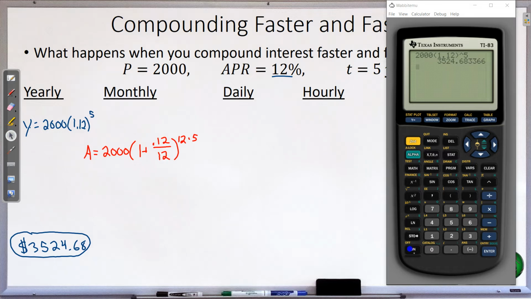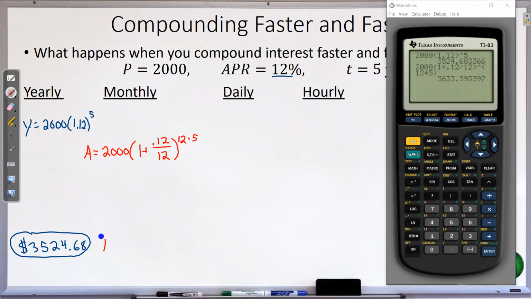So we're going to type that into our calculator now. Now remember, when you raise this to the power, you want to put that in parentheses, 12 times 5. Hit enter.